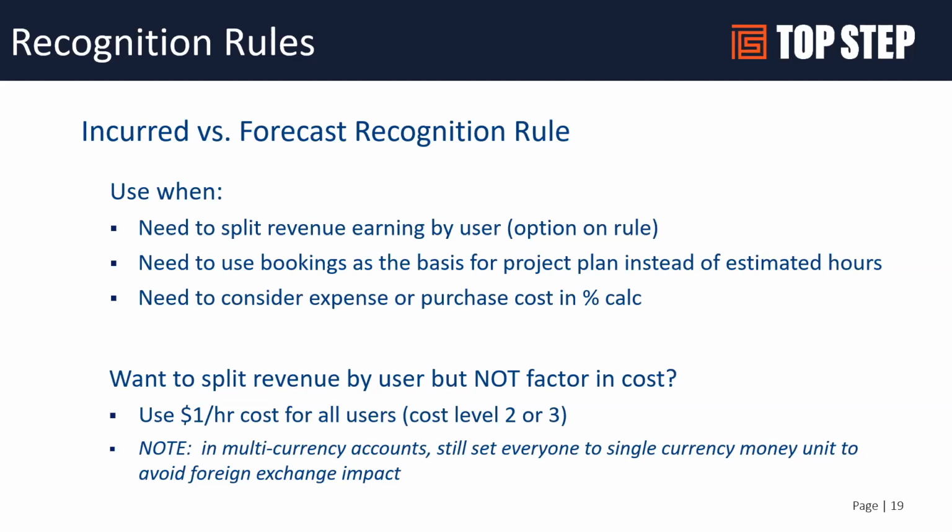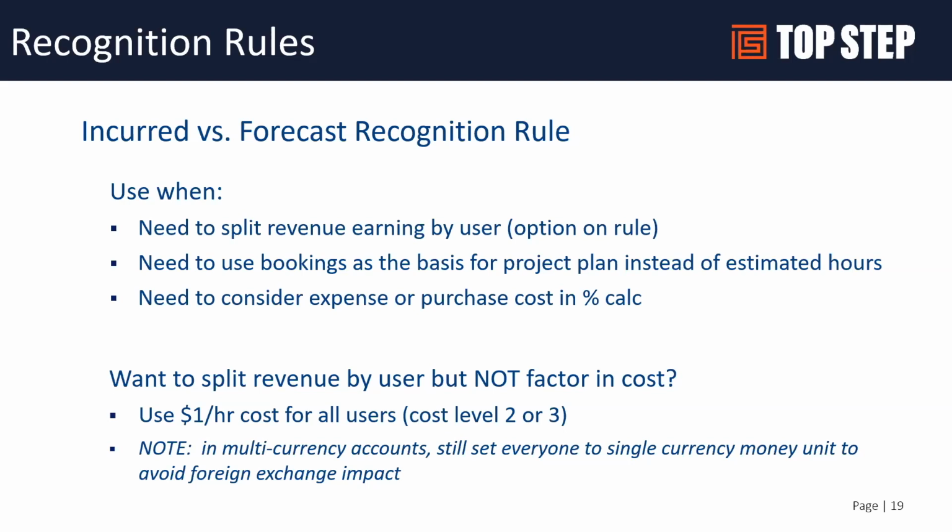So the way that you can work around the costing requirement of this rule is by using one of the cost levels within a user record. As everyone knows, you can have 3 costs enabled in your account, and you can do a $1 cost for users. Then in the rule, you can determine what cost level to use, and you can default all this in the rule, as well as in templates.